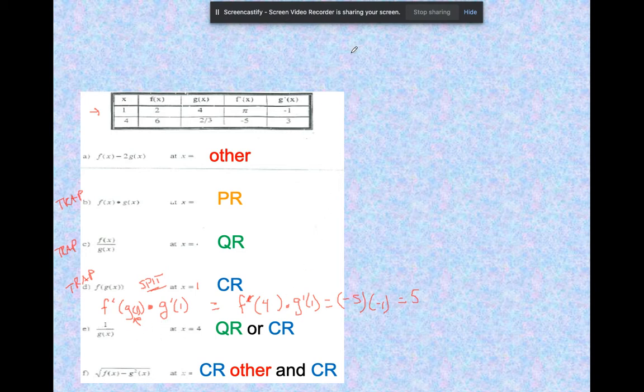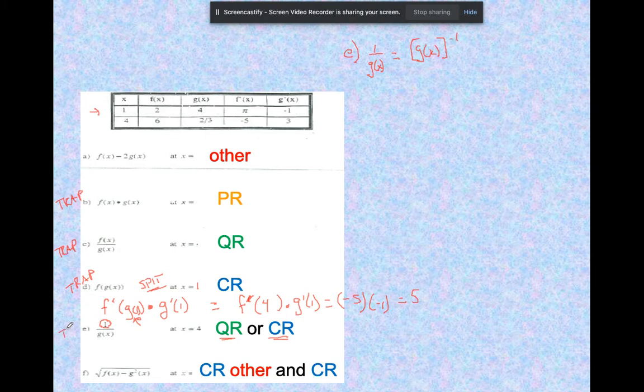I'm going to do E up here. E, notice I wrote quotient rule or chain rule. Especially with a numerator that is a constant, I think I probably will say 1 over g of x is the same thing as g of x all to the -1.